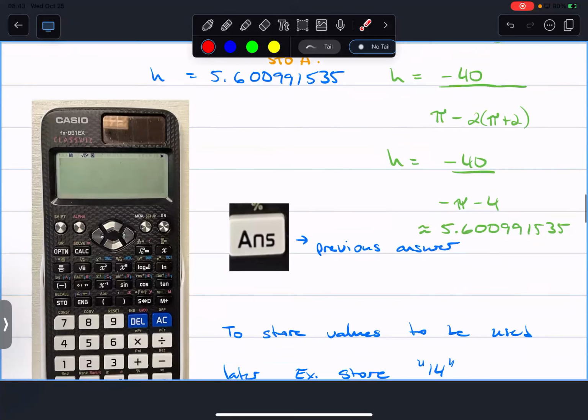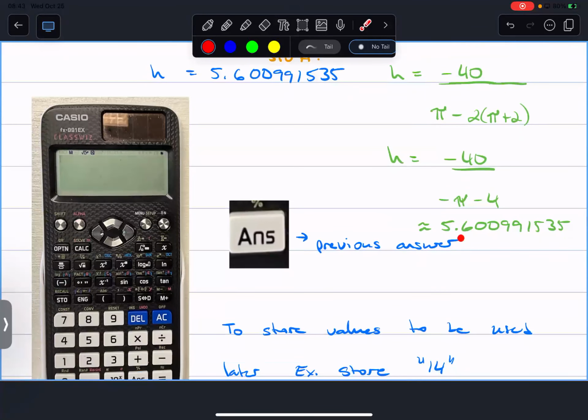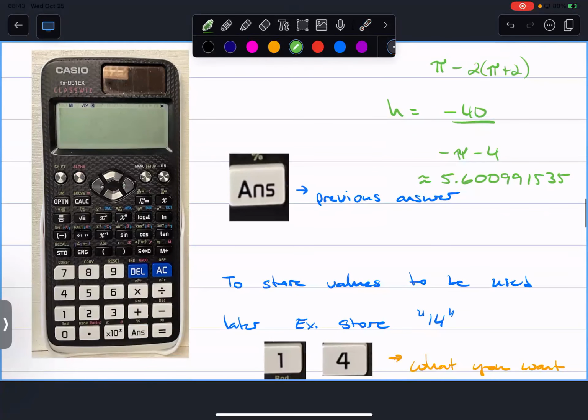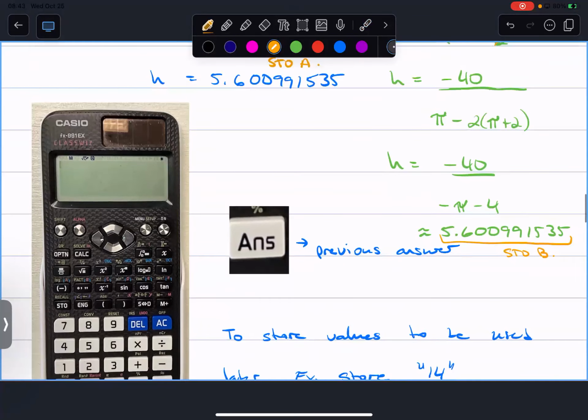So if we let H be 5.6, you know what? I'm going to store this in B. Make a note to myself. Stored it in B. Because what do I want to do?